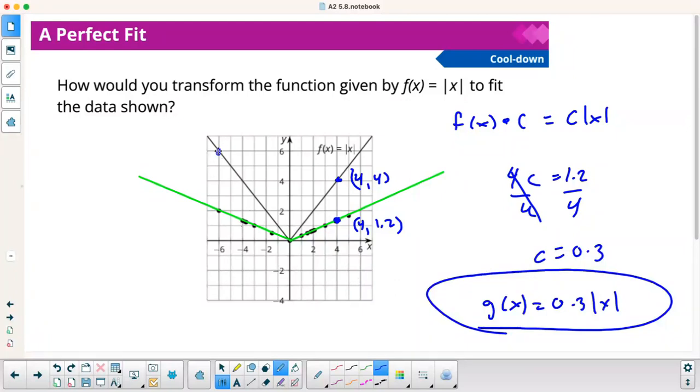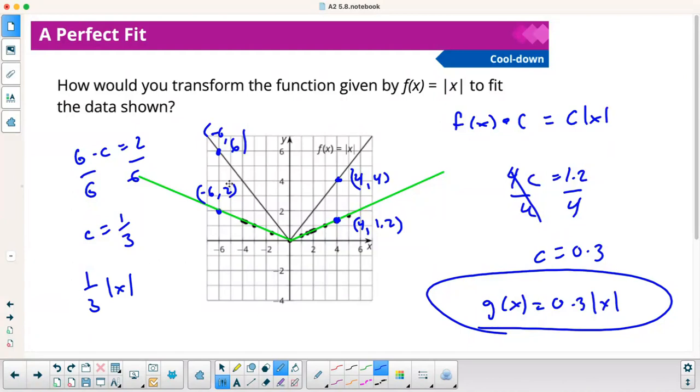These ones look a little bit more accurate. This is 6, and then this looks like 2, right? Might be more like 1/3 in all honesty. If I look at those points, 6 times c equals 2 might be better. Might be better to say it's 1/3, but nonetheless, it's just an estimate here. Okay, 1/3 times the absolute value of x if I look at those points.